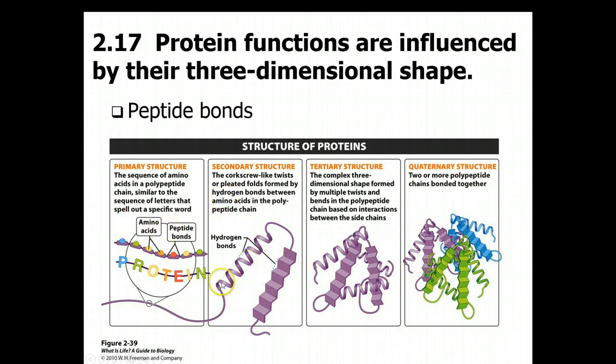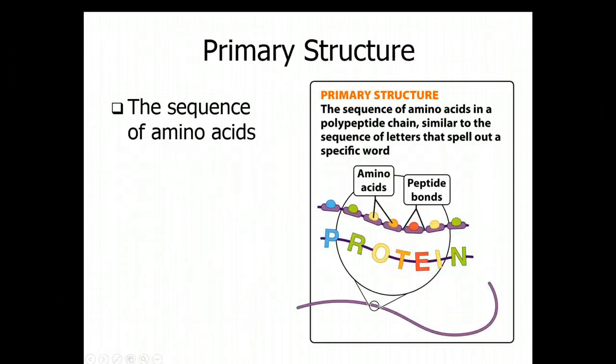The secondary structure is that the proteins will naturally start to form either these circular corkscrew structures or these pleated sheet forms, and then they'll form more of a tertiary or complex 3D structure at a given pH, at a given temperature and a salt concentration. It will take on this particular shape. Quaternary structures are where we have two or more of these proteins that interact together to make a full complement of whatever the protein structure is.